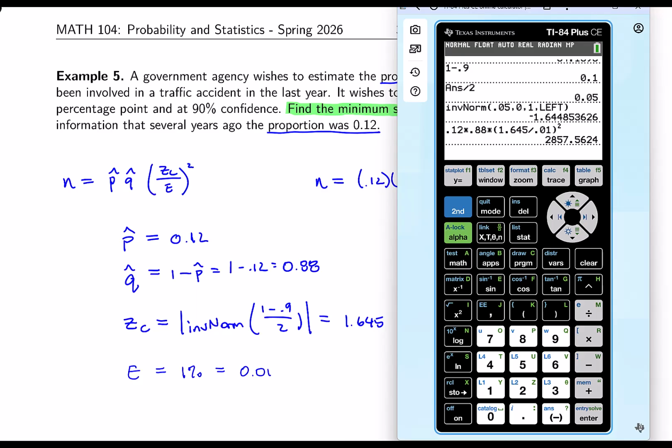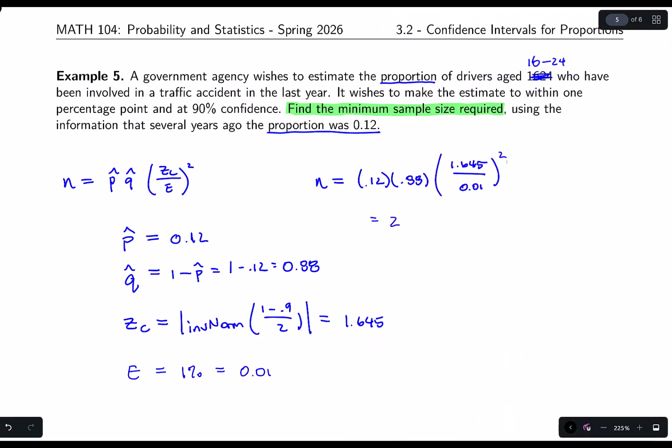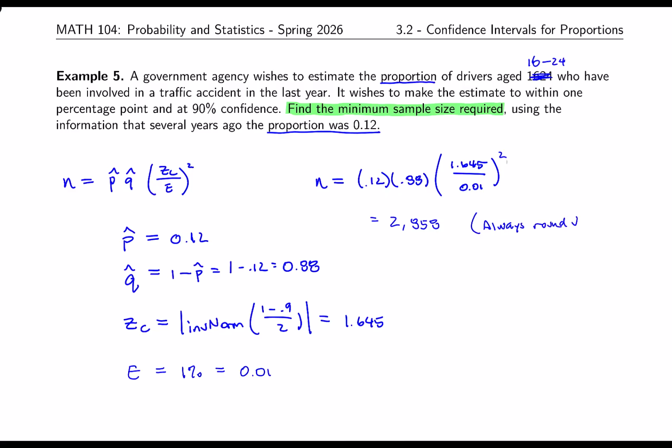This is a time where we do have to always round up. So I'm going to round here to the nearest integer because we can't include 0.56 of someone. So we'll round, but we'll always round up. So 2,858 people need to be in this study. Just as a reminder, you always round up for these things.